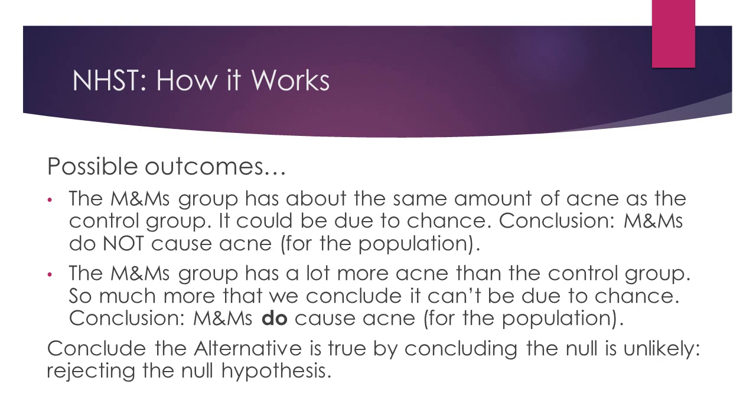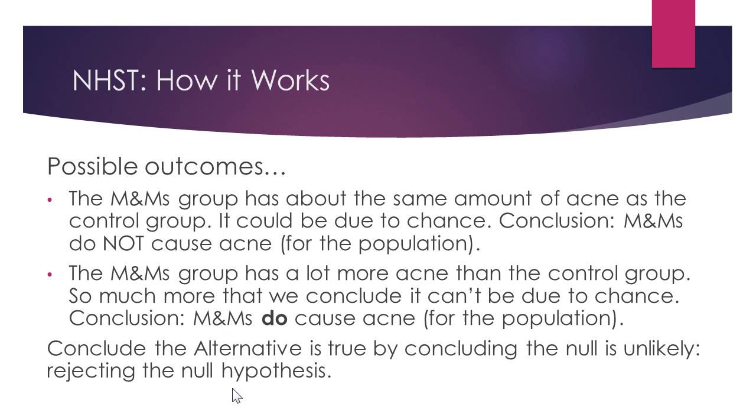And the way that we make that conclusion, really, we conclude that alternative hypothesis, that the M&Ms do cause acne, by concluding that the null hypothesis, the conclusion that they don't cause acne, is unlikely. So if you see a lot more acne in the M&Ms group here, you're going to say, oh man, the null hypothesis just can't be true.